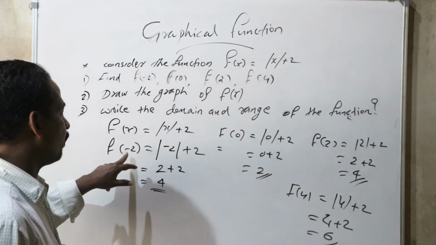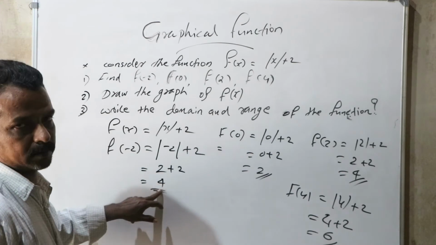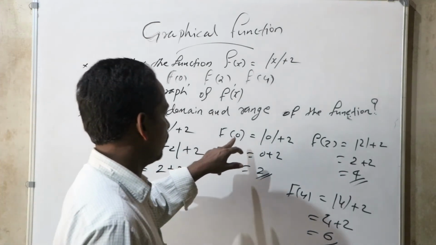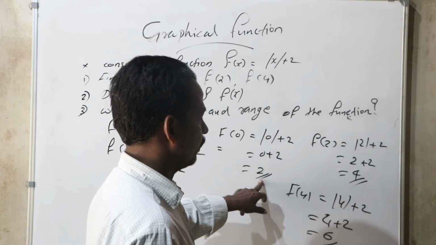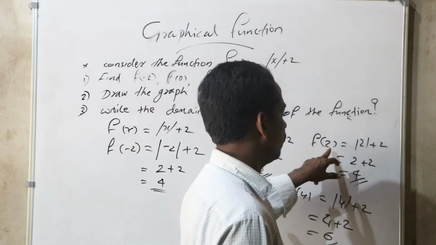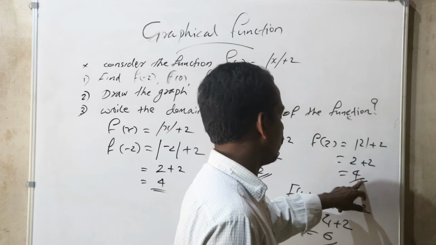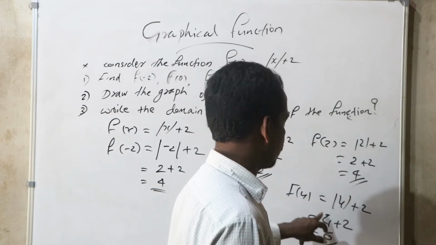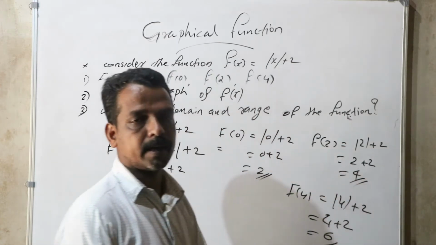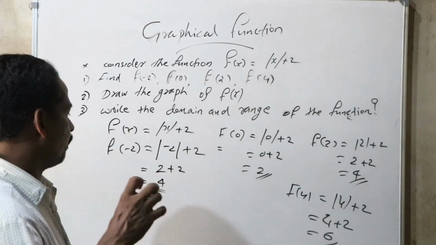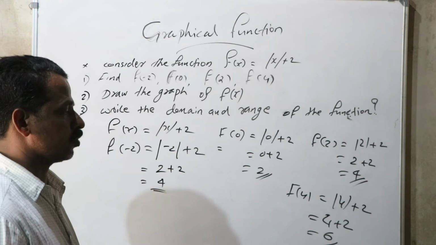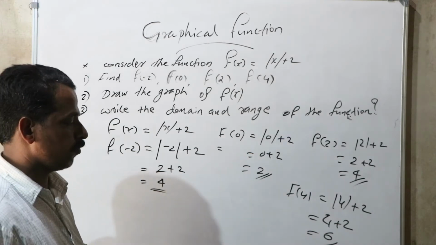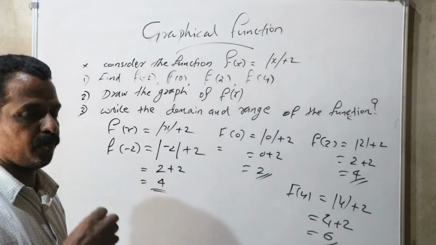The image of minus 2 is equal to 4, the image of 0 is equal to 2, the image of 2 is equal to 4, and the image of 4 is equal to 6. Here are 4 pairs: minus 2, 4; 0, 2; 2, 4; 4, 6.